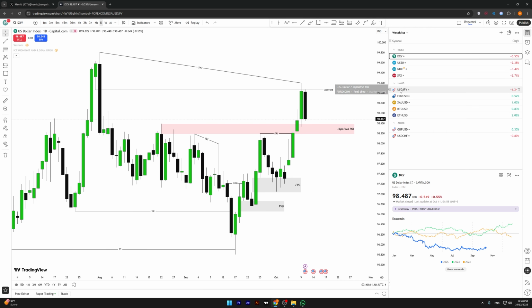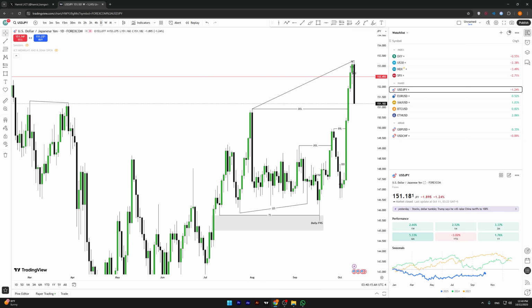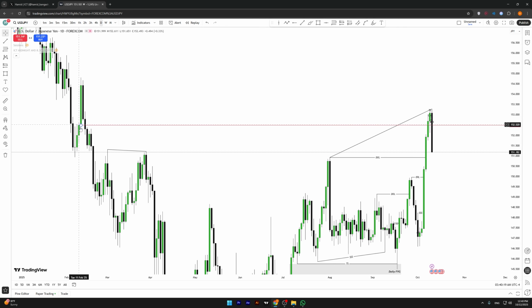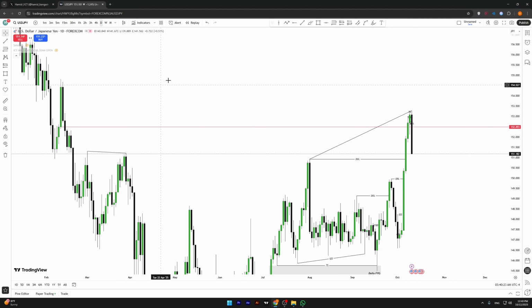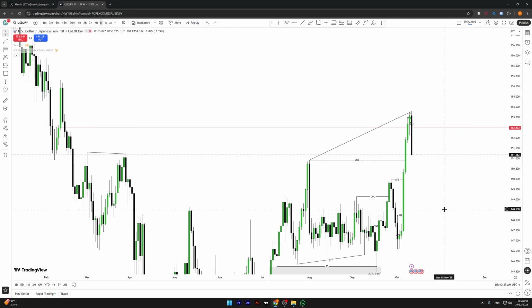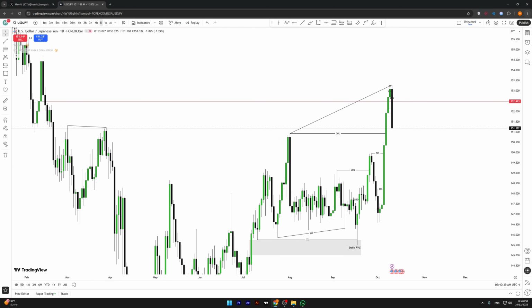And on USDJPY, price was reacting at a strong supply zone. This was the strong supply zone. This was the order block which led to a breakout structure. So we could expect a down move from this order block, and price was reacting at the mean threshold, almost at 50% of this order block. That's why I was expecting a down move from this order block.